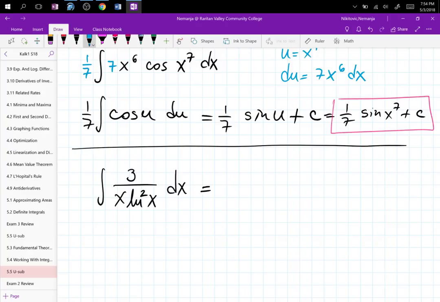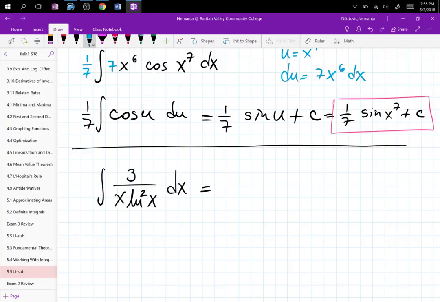What's the derivative of what in this case? Function is ln x.